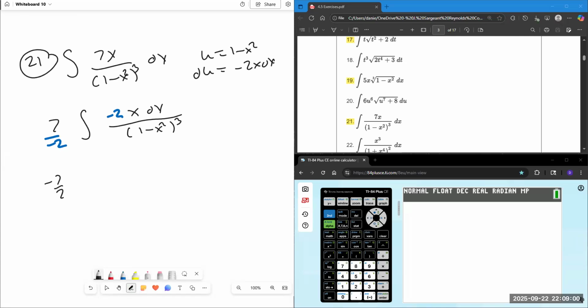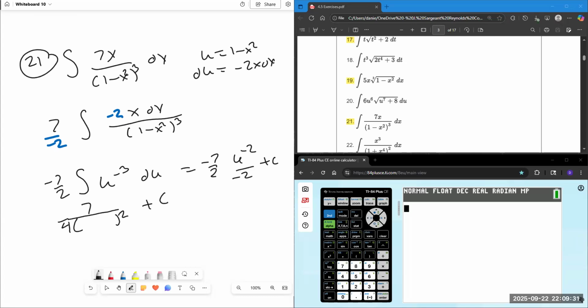That's negative 7/2. The integral of u to the negative third du is negative 7/2 u to the negative 2 over negative 2 plus c, which is going to be 7/4 and then something squared in the denominator, since it's an exponent of -2, plus c, and that something is 1 minus x squared.